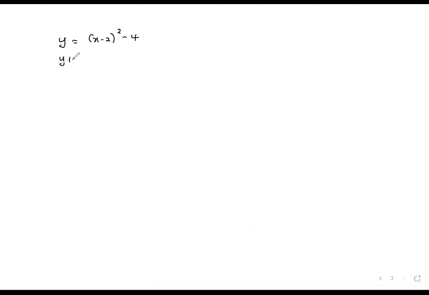So we have y plus 4 is equal to x minus 2 squared. We can take the square root, so that x minus 2 is equal to the root of y plus 4. So x is 2 plus the root of y plus 4. Remember, it was supposed to be plus or minus.